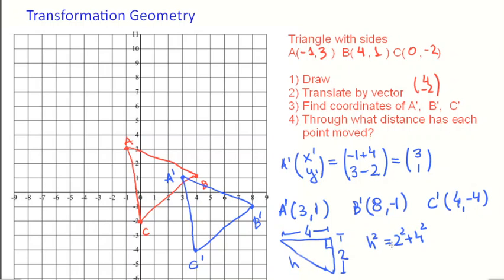That's our Pythagoras theorem. So 4 plus 16, that would be 20. So H is root 20. We can simplify this and get 2 root 5. So that would be the distance that each point has traveled when we have applied that vector.